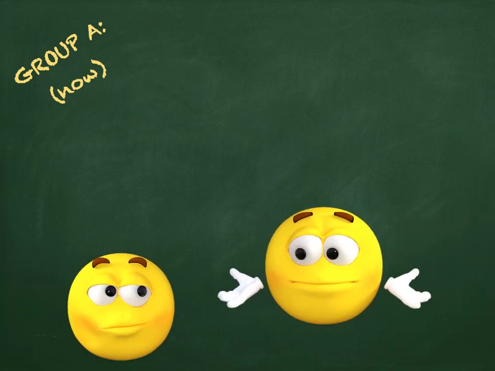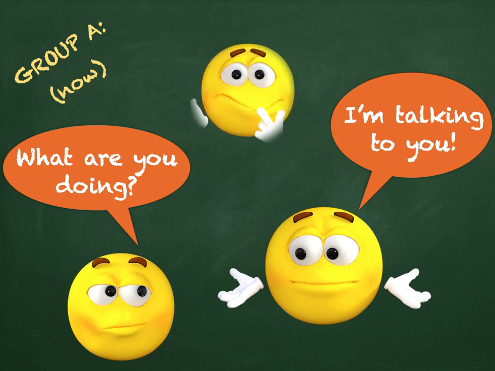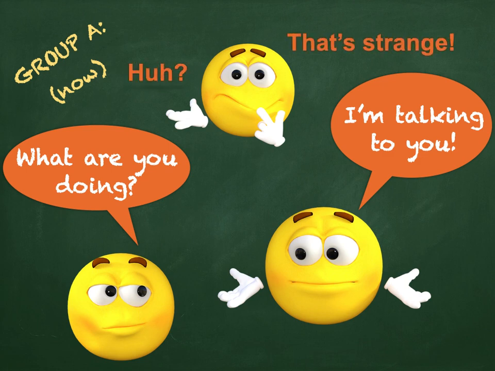In fact, there are not so many situations in which we need to use group A. Look at this mini conversation. It's not usual to say, "What are you doing?" Not about now, because we can usually see what people are doing when we talk to them.